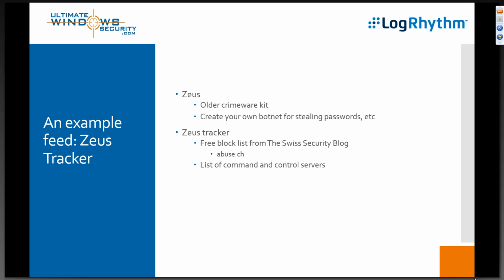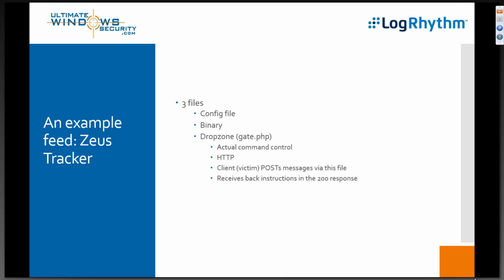Zeus Tracker is published free by the Swiss Security blog. The web address is abuse.ch, you see right there, and it's basically just a list of command and control servers for Zeus. Now, let's understand a little bit about Zeus.